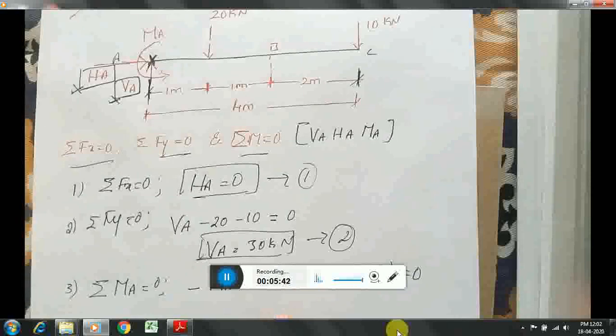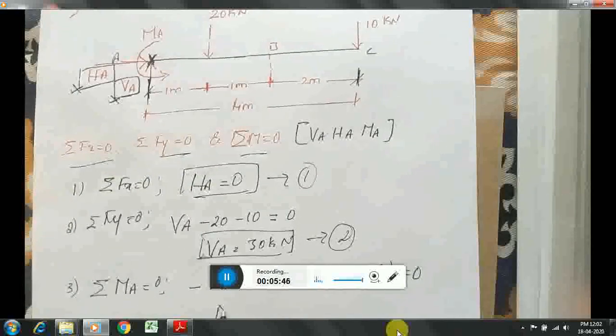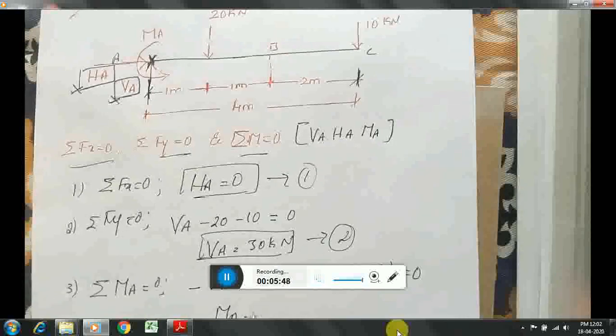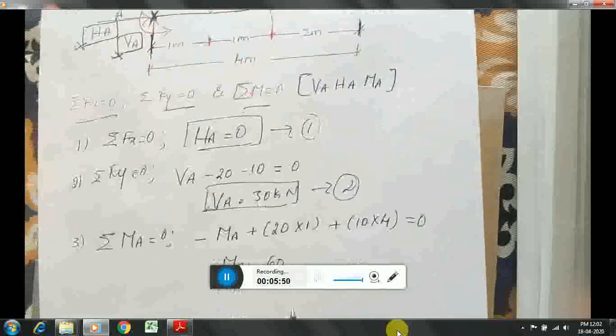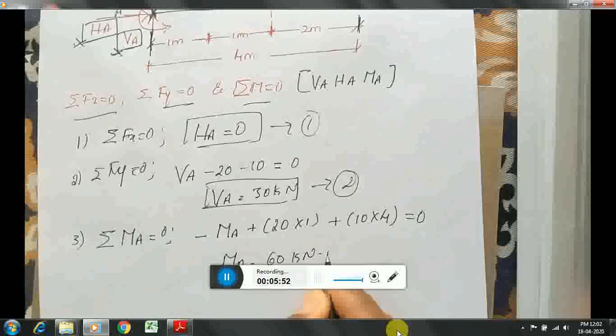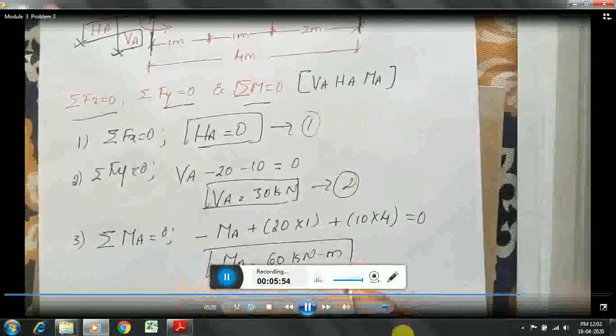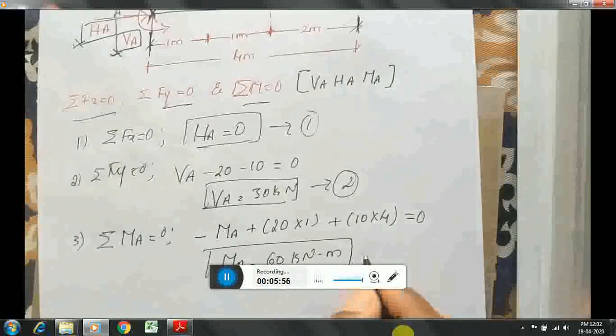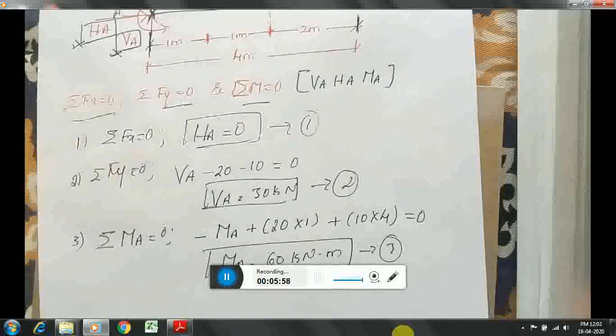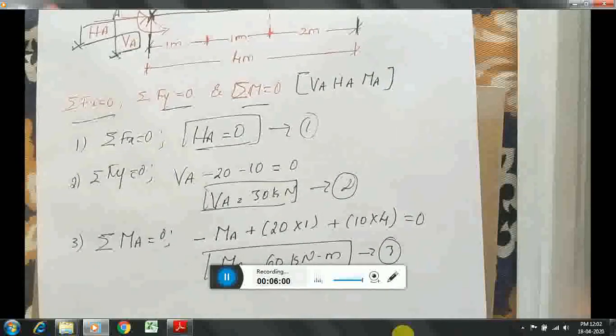Then if you simplify, you will get MA is equal to 60 kilonewton meter. This is the MA value. The third unknown is known now.